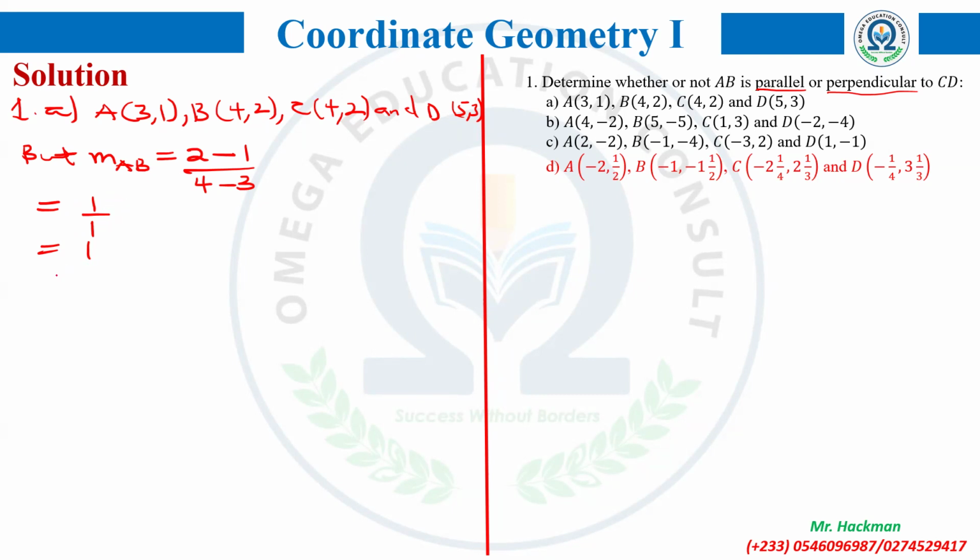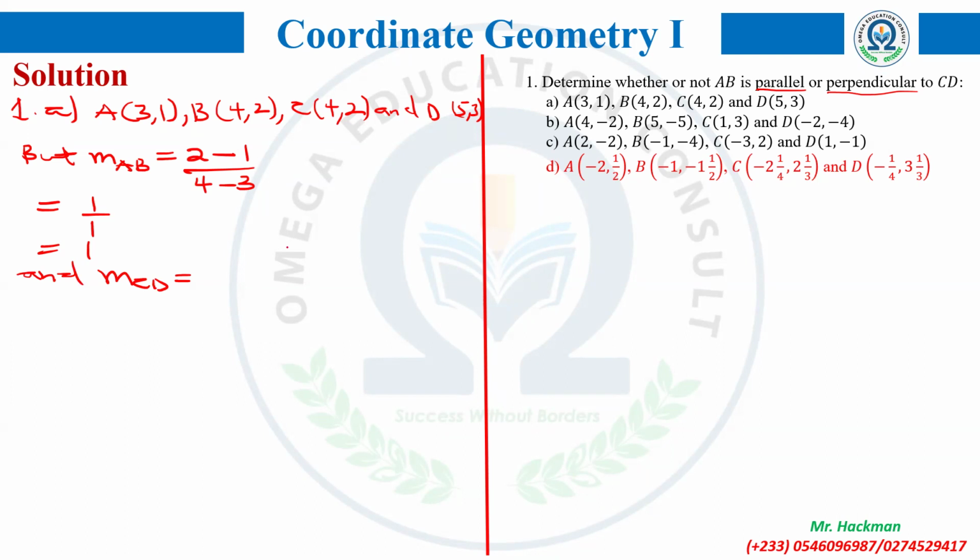Now you need to go and find the gradient of the other one, M sub CD. These points are denoted or represented by capital letters. So that will give us change in Y, where this is your X sub 1, Y sub 1, X sub 2, Y sub 2.